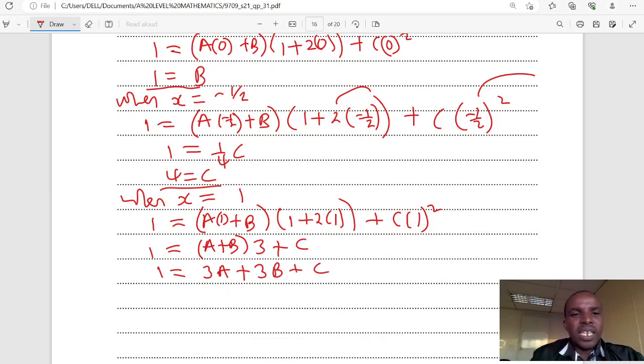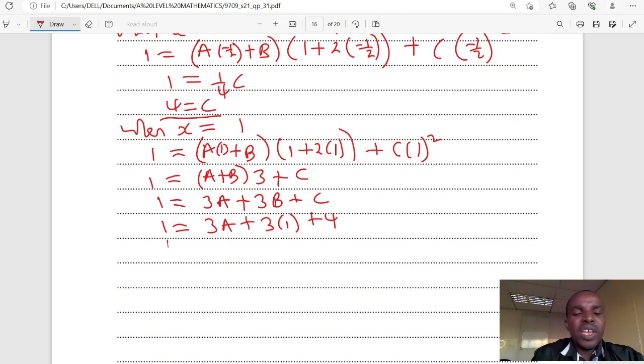I want a in this case, so where there is b and c, I can replace b is 1, c is 4, so that I can find my a. 1 equals 3a plus 3 times 1, 3 plus 4 is 7. Then I can take this side, so 1 minus 7, which is minus 6, is equal to 3a.